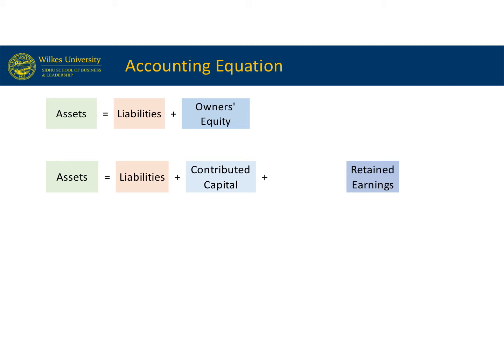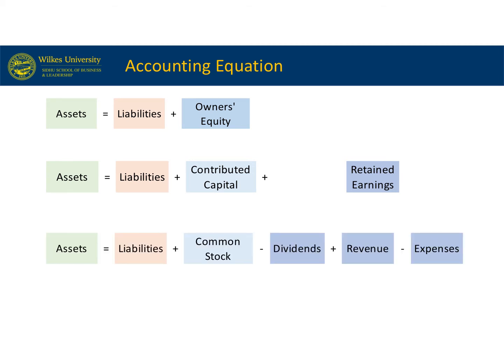Technically, the ownership piece is called contributed capital, and the income piece is called retained earnings. Expanding it even more, the contributed capital is common stock and additional paid-in capital, but that's for a much later module. Retained earnings is the earnings retained in the business.